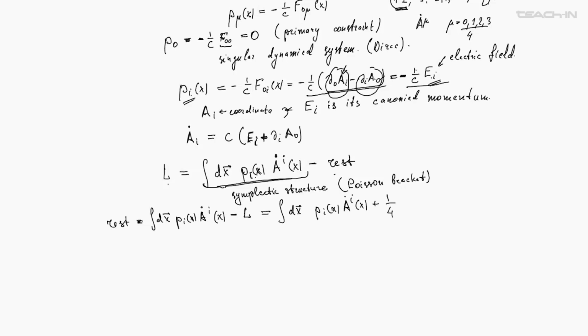I split the time component of f, which is minus twice f0i, and the components which contain only spatial directions, fij. This is the same as f mu nu.